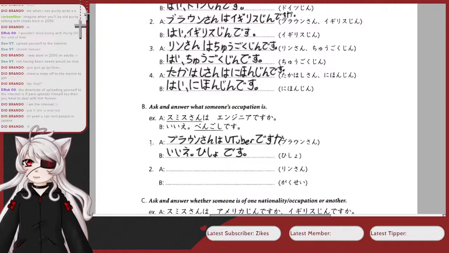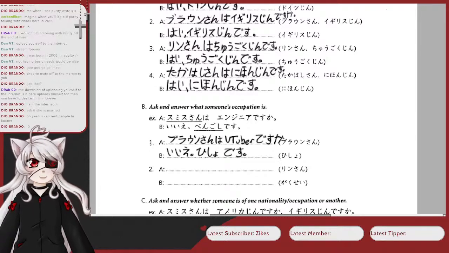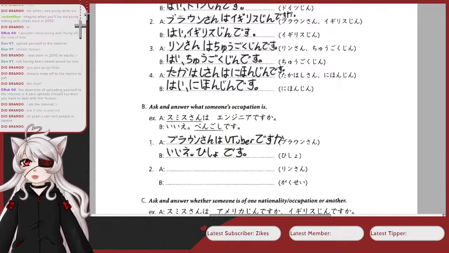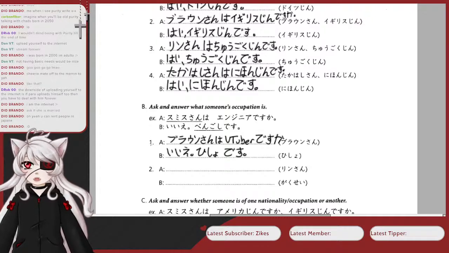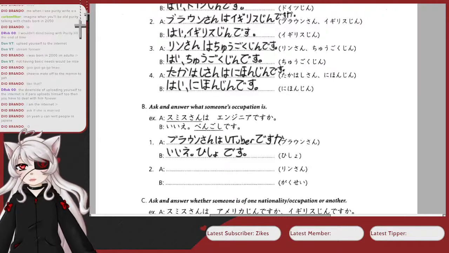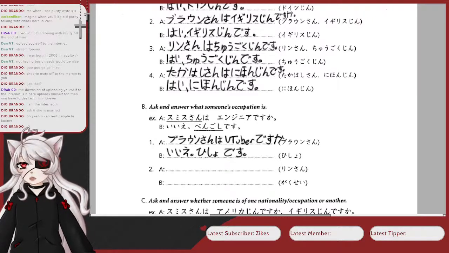Did you know a young man hired a young woman to play Elden Ring with him for a week straight? I think it was a lot of money as well.